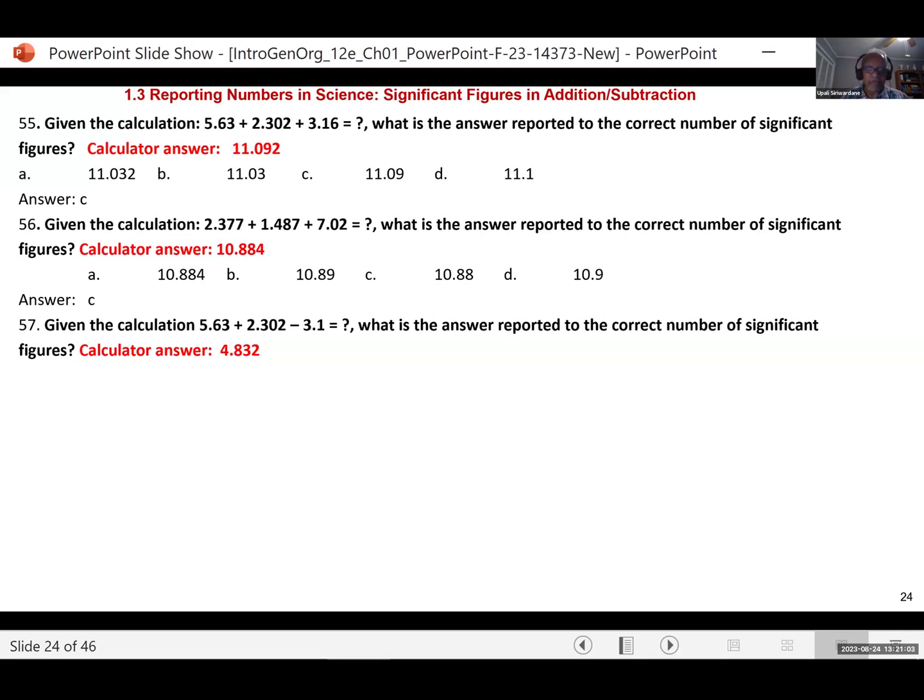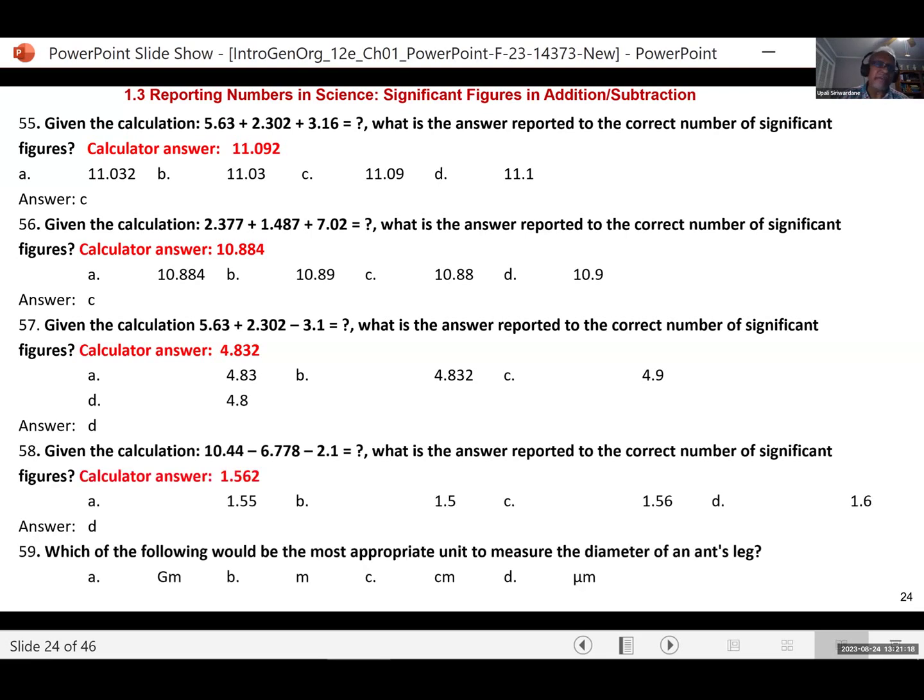It should be 4.8. 4.8 is D. Now, it's pretty simple to get the correct answer to calculated answers from measurements.